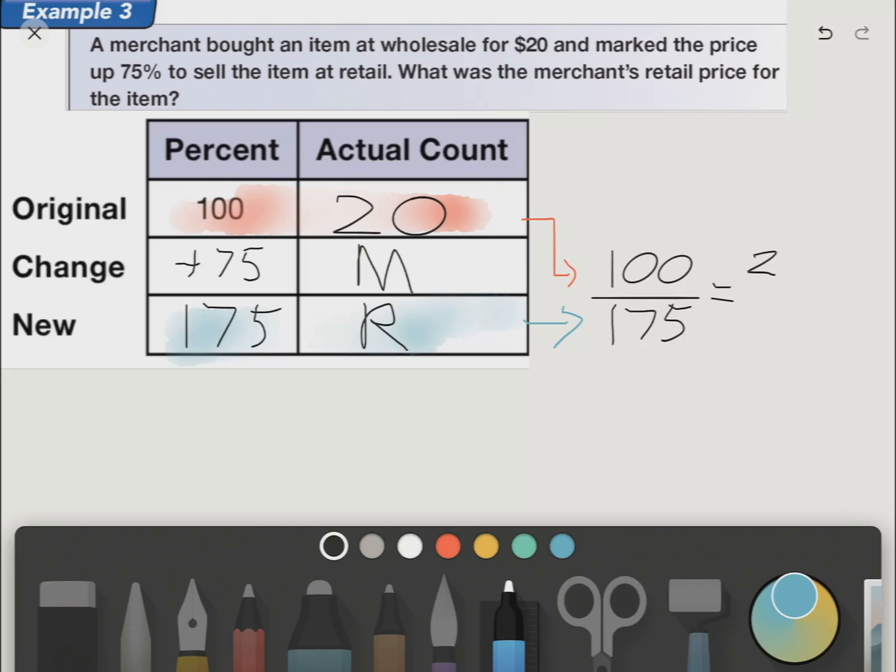And then $20 is equivalent to the 100% across the top. But we want to know what the new retail price is going to be. That coincides with the 175%.